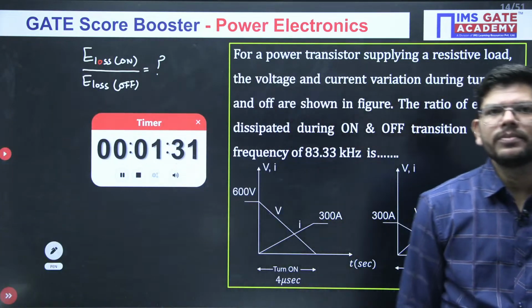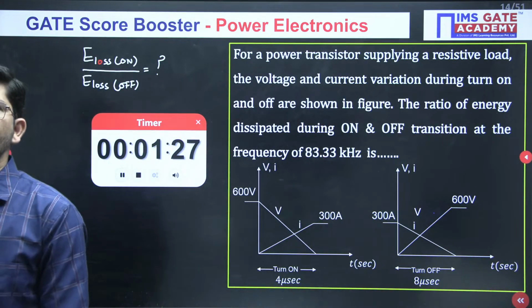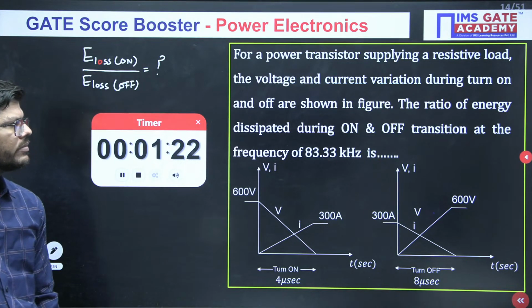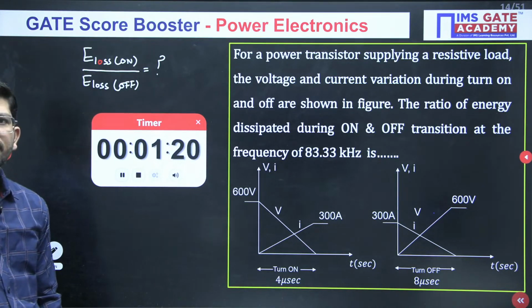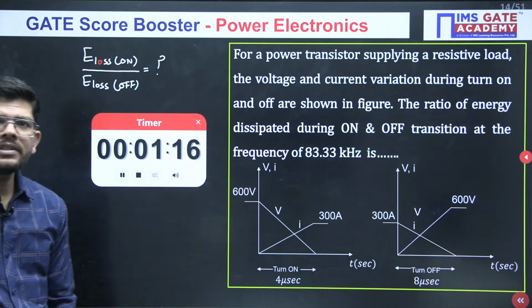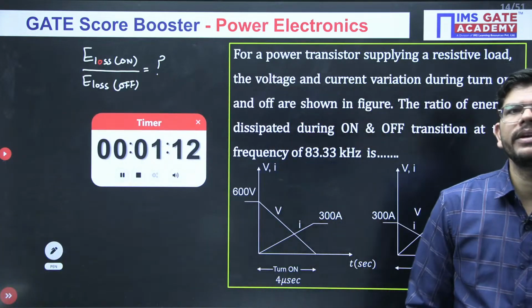So I am having an option 1 by 2. One by 2 means 0.5. Because this is NAT, you have to write 0.5 here.